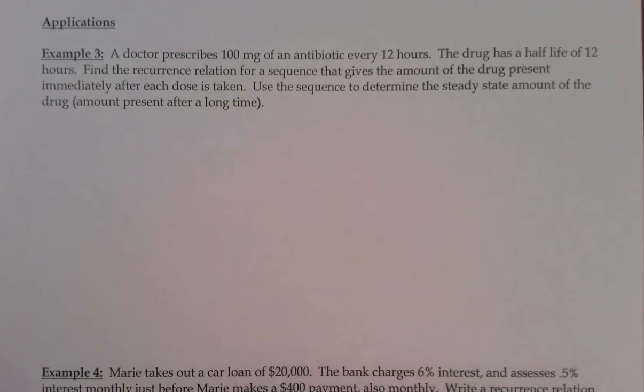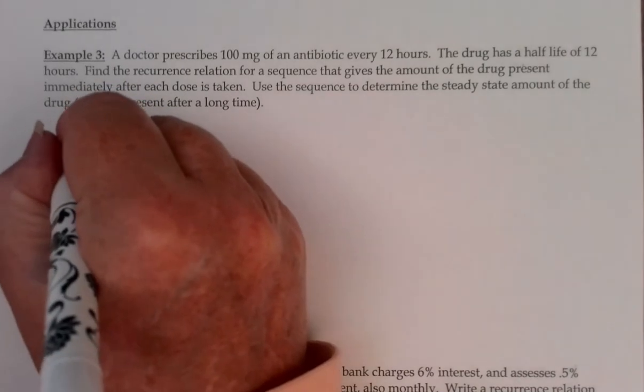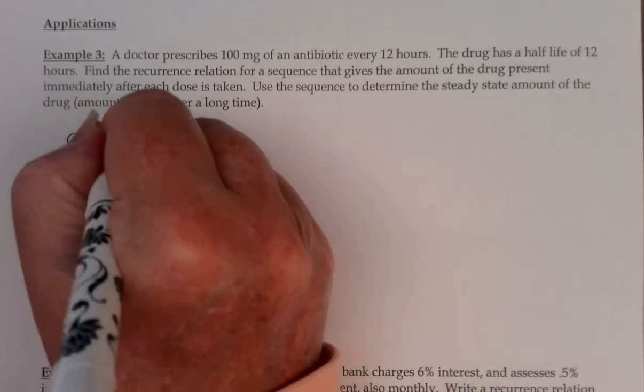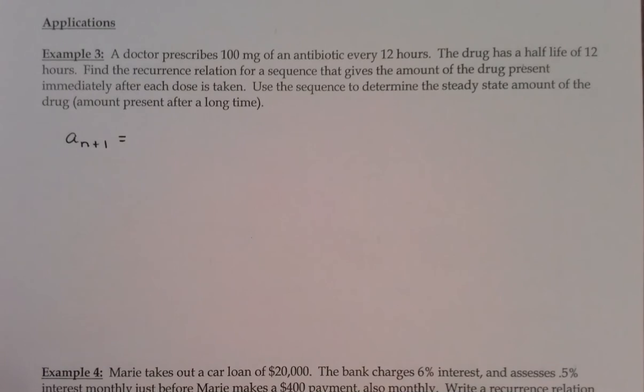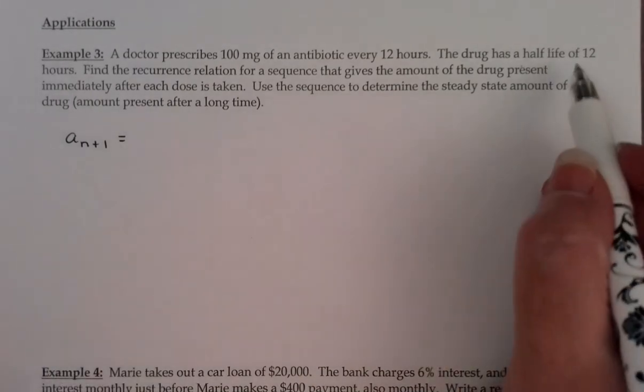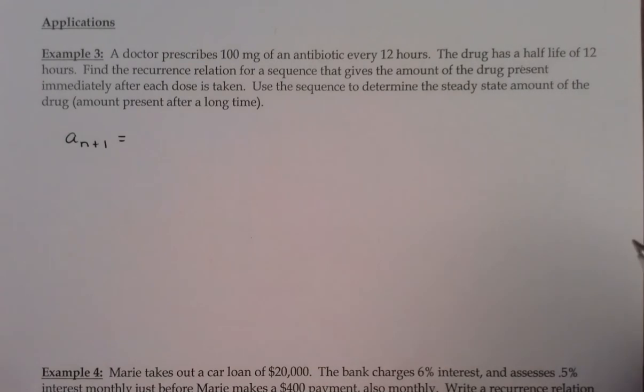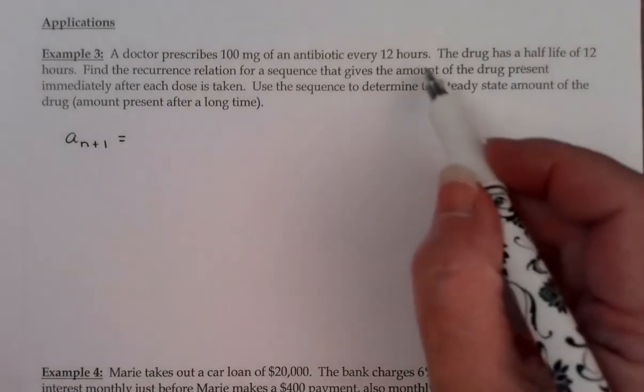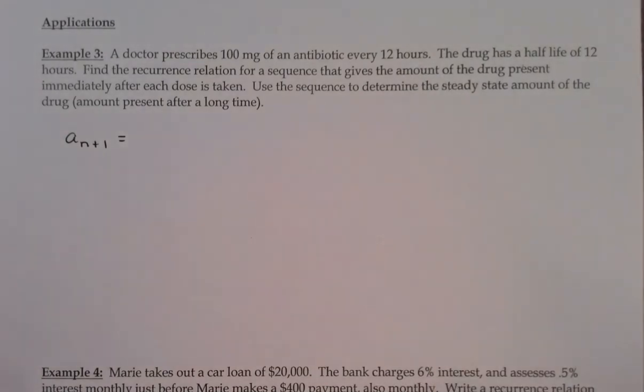So here we go. Let's start with the recurrence relation. I'm going to say a sub n plus 1 is going to be calculated based on the previous amount. Since this is every 12 hours, we have a half-life, and we're doing a new calculation every 12 hours.